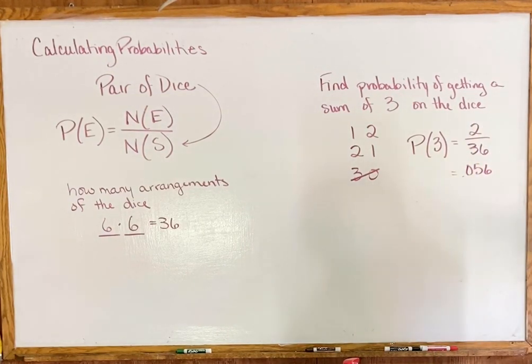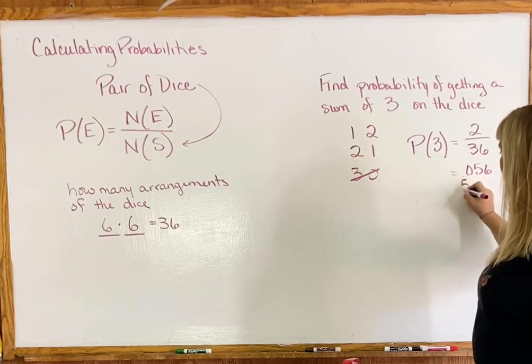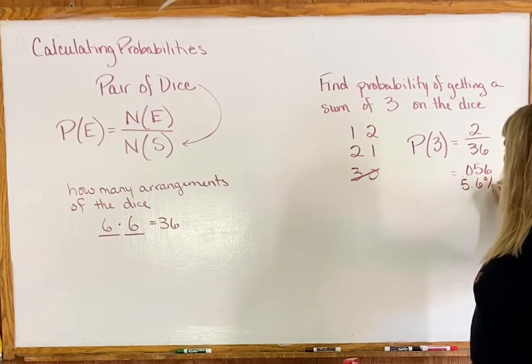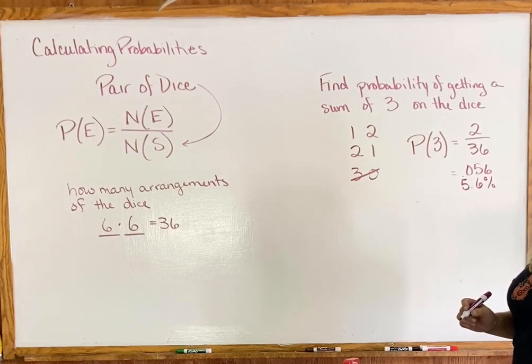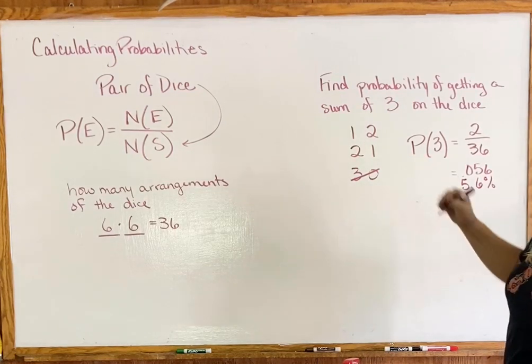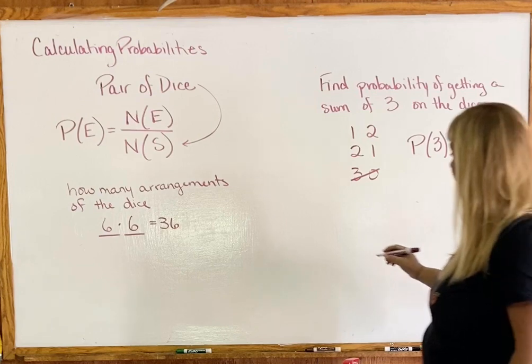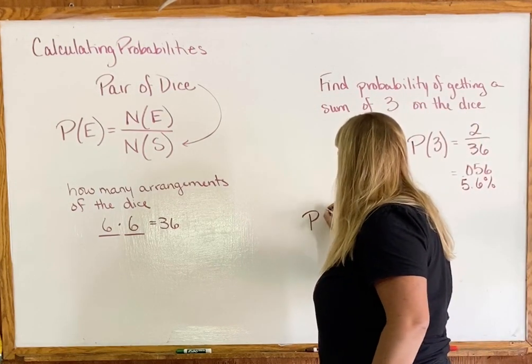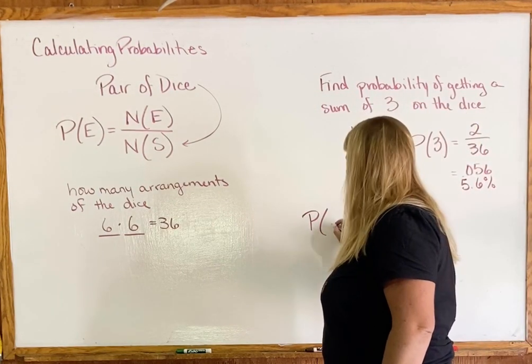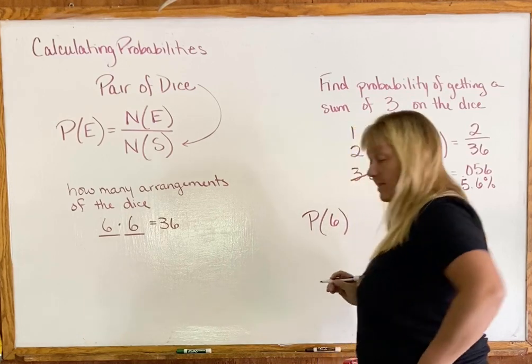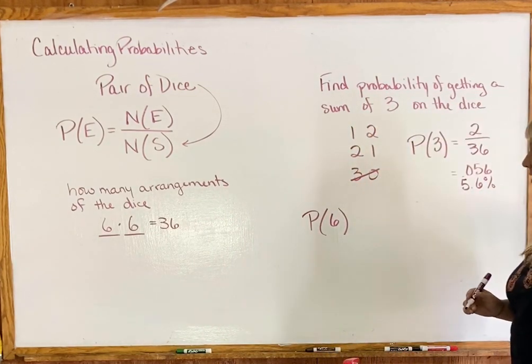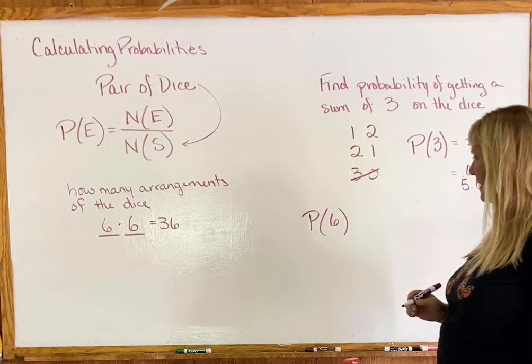So there's a 5.6% chance that you will get a sum of 3 on the dice. All right, let's do one that's a little bit bigger and uglier. Let's say this time we want to find the probability of getting a sum of 6. So we want the dice to sum up to 6.